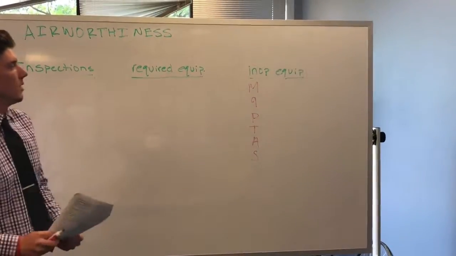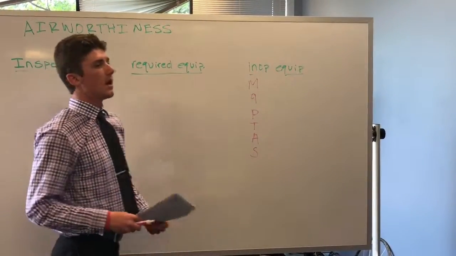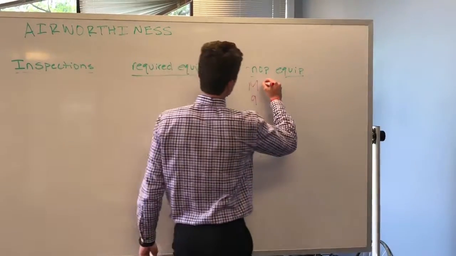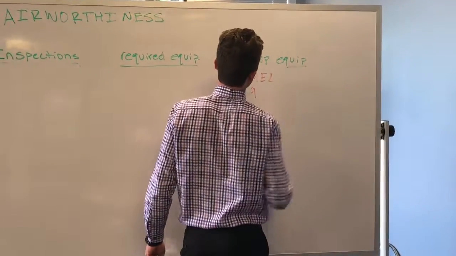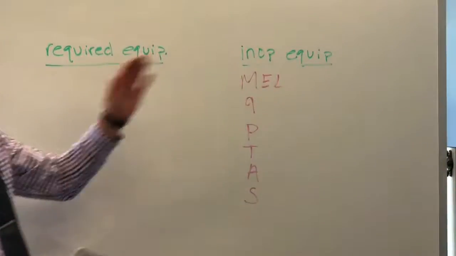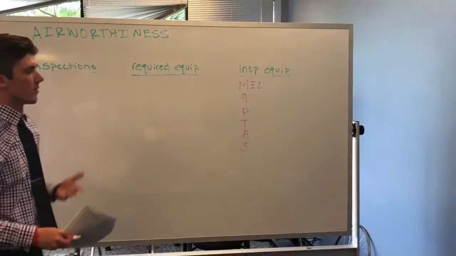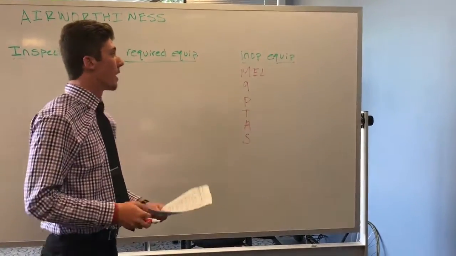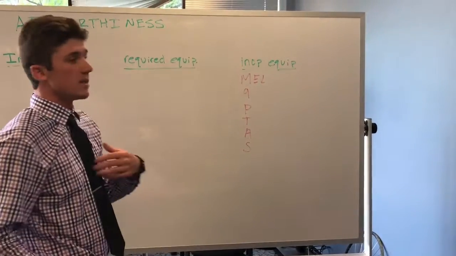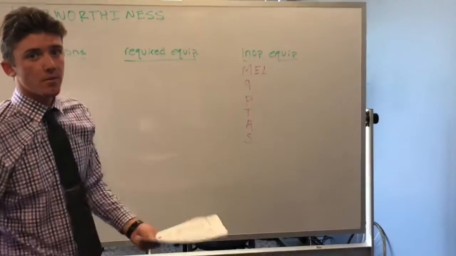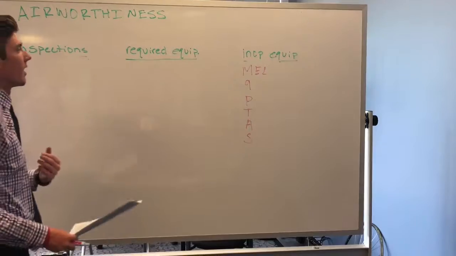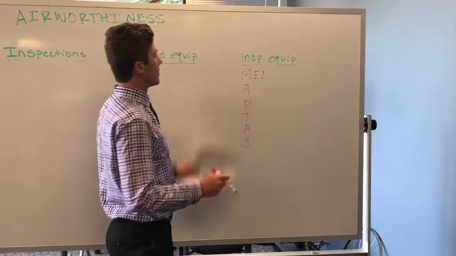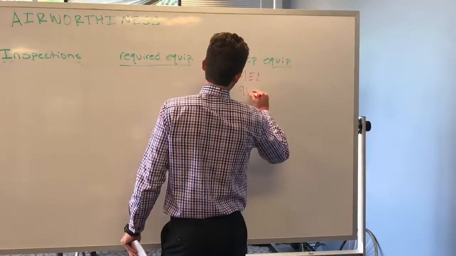The first thing we would do, if NMC had an MEL, we'd look in the MEL, which is basically showing what can be inoperative and what can't be inoperative on that aircraft. If NMC did have one, it'd be put out by NMC and approved by the FAA. However, we do not have one. So we would go right to 91.205.